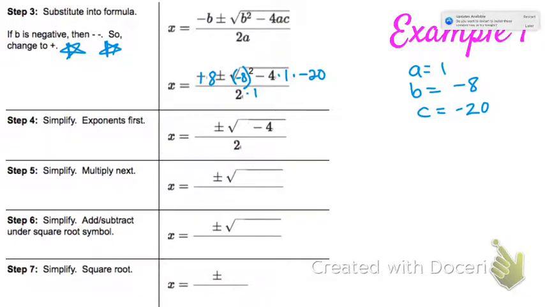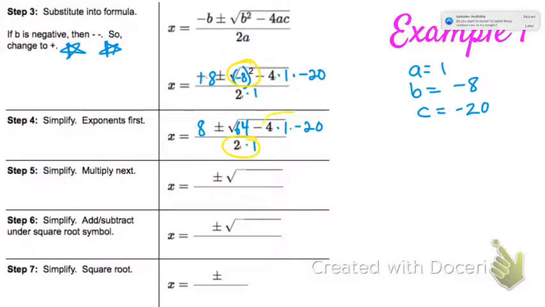Now I'm going to simplify. So I'm going to do the exponents first. When I put in negative 8 squared into my calculator, I see it's positive 64 because negative 8 times negative 8 is positive. And then everything else stays the same. Now I'm going to do my multiplying.